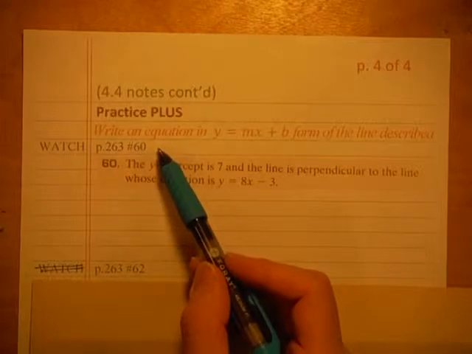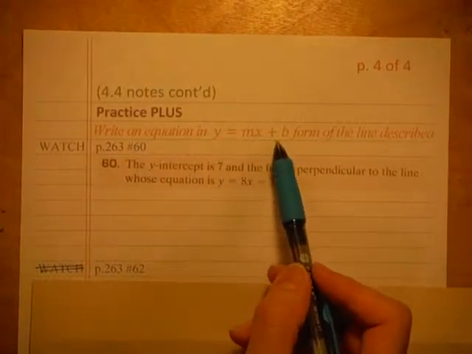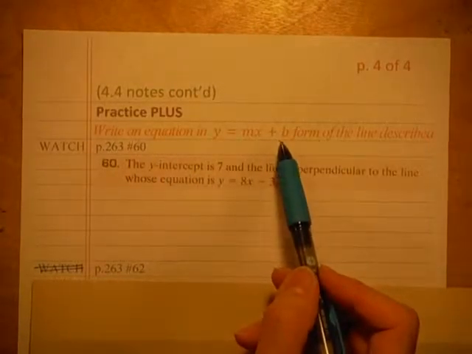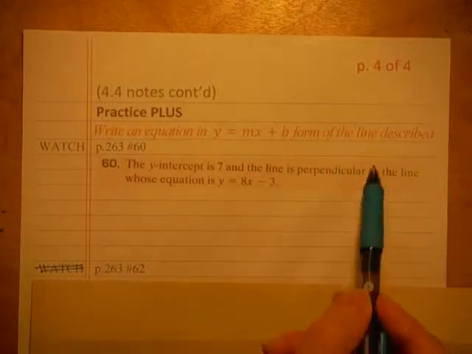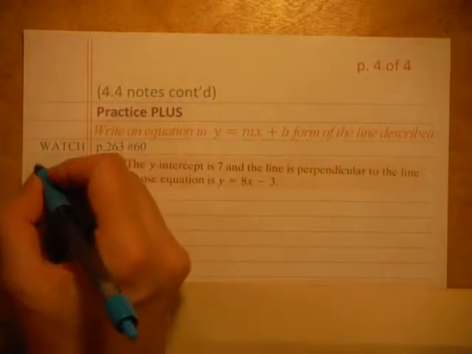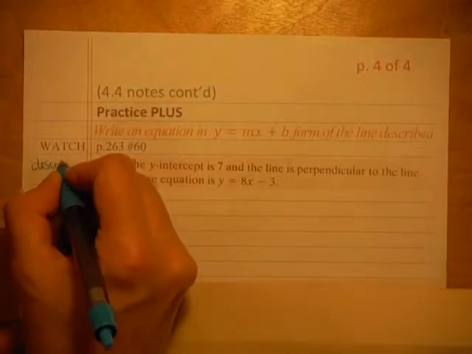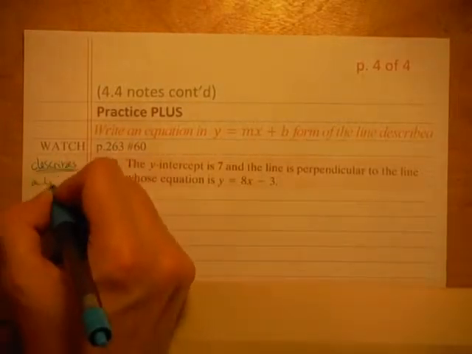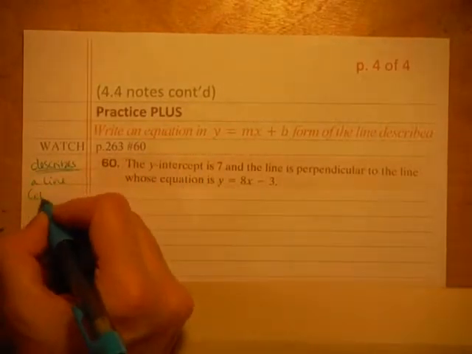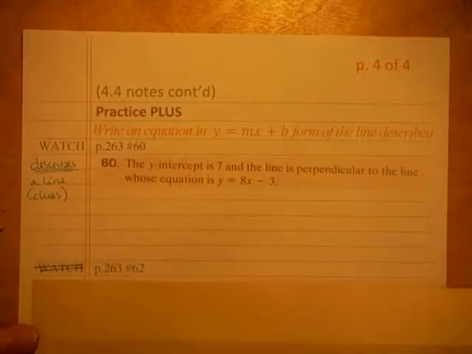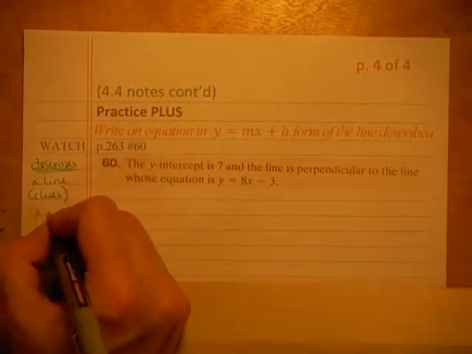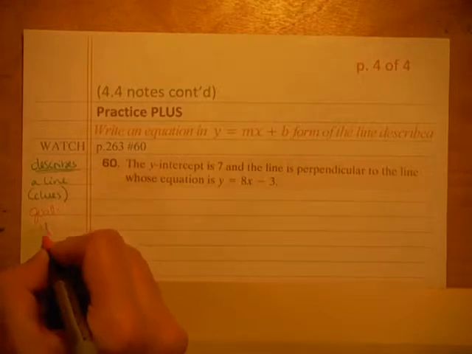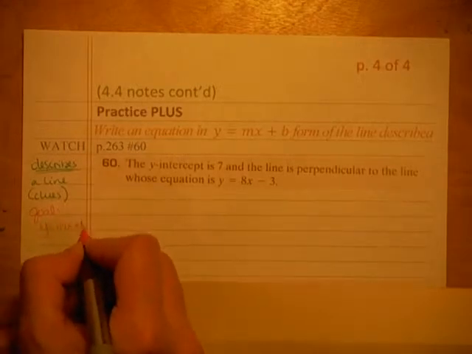So our goal is to write an equation in y equals mx plus b of the line described. So this is a description of a line right here. In other words, it gives us some clues about the line. And what we're aiming for, our goal, is to represent that line in slope-intercept form.